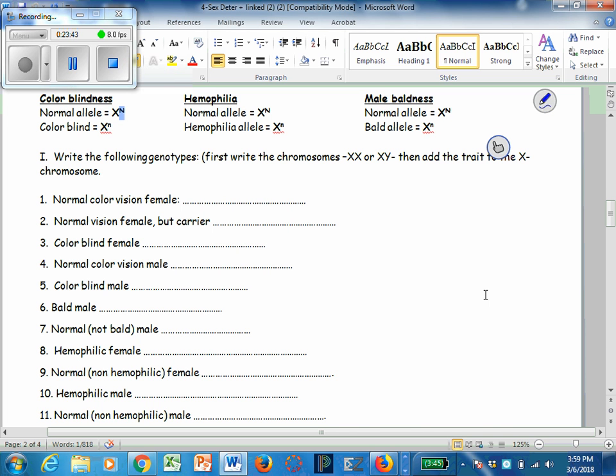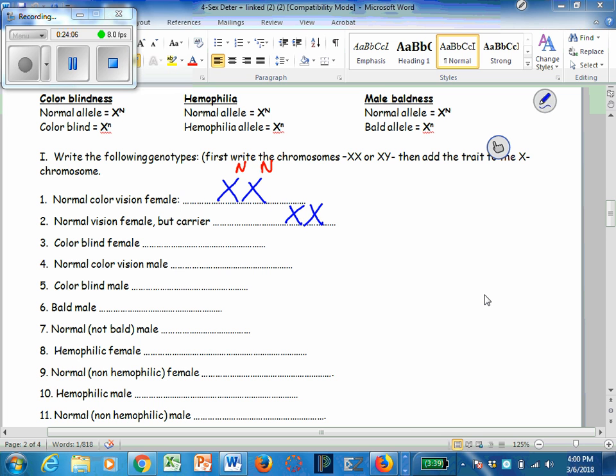For a normal color vision female, so it's a female, so we know that it's an XX. So if they have normal color vision, we symbolize those X's with big N's. They're homozygous, right? But females, again, they can be carriers.